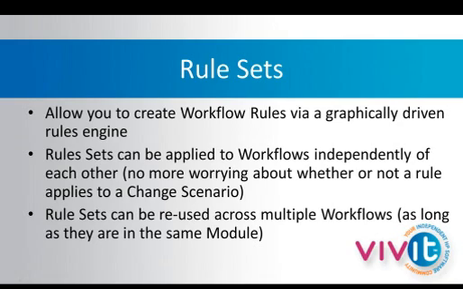So you ended up kind of mishmashing all these rules together, all in the same place, potentially. And with this, you can apply them to workflows independently of each other. So if you create a rule that's just for a specific type of change, and you apply it to that change workflow, you're not going to have to worry about that change rule firing for another workflow, because that workflow just doesn't have access to that rule set if it's not on that workflow.